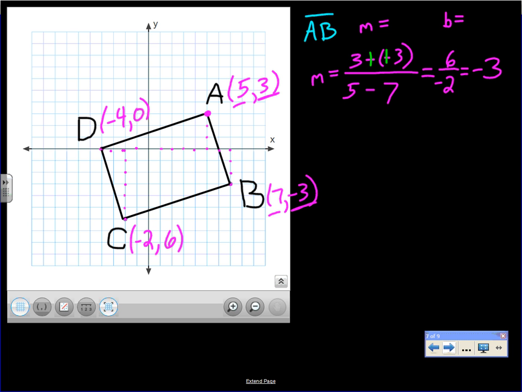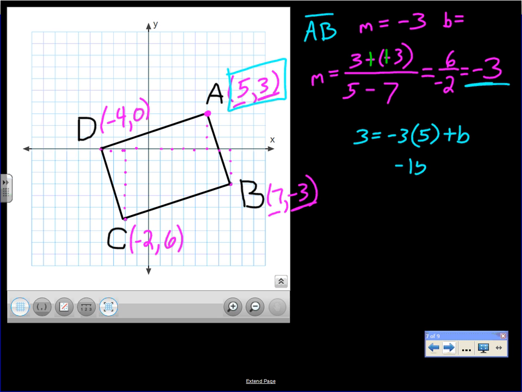If we wanted to determine whether it was parallel to CD, we don't even need the y-intercept. We just need to compare their slopes. But I'm going to go ahead and work out the y-intercept for you. For the y-intercept, which point are we going to use? Let's use that point, 5, 3. So y is equal to mx plus b.